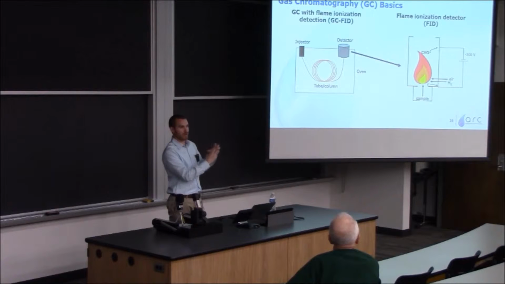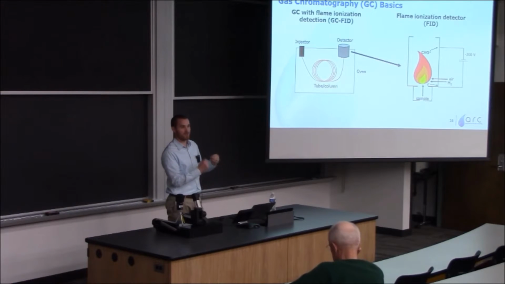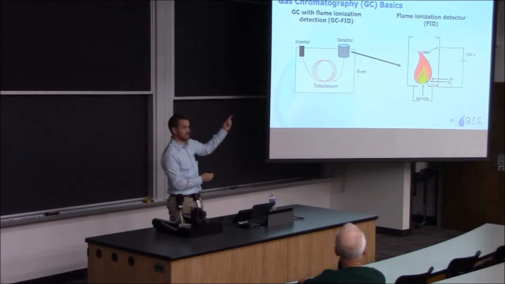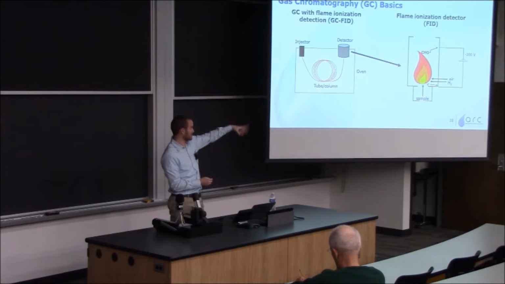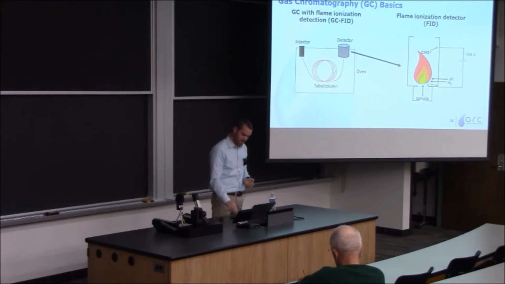And when you burn them, you create these ions, these carbocations. And about 1 in every million carbon atoms that goes into that flame creates one of these ions. And then you just take an ammeter and you measure the number of ions, because there's electrons that have to balance it. You measure the number of electrons that go through, and that's a signal that's proportional to the amount of sample that's gone through that detector.